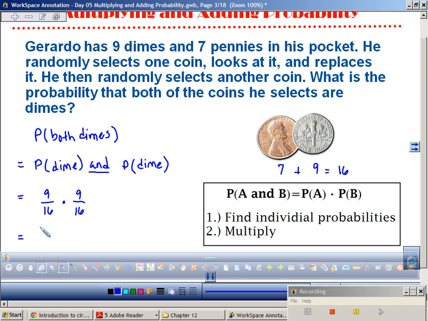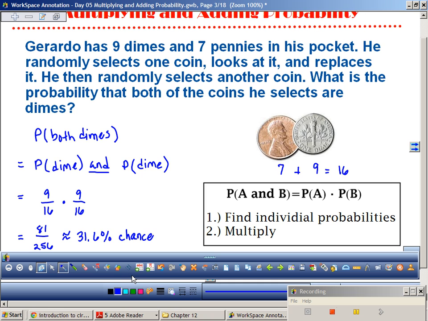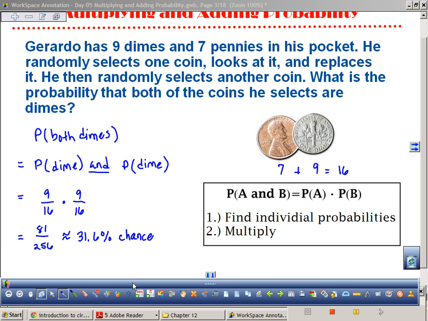So when I multiply that, I get 81 over 256. Put that in the calculator, and there is a 31.6% chance of that occurring. Pretty straightforward, right? Okay, you guys go ahead and copy that down if you want.